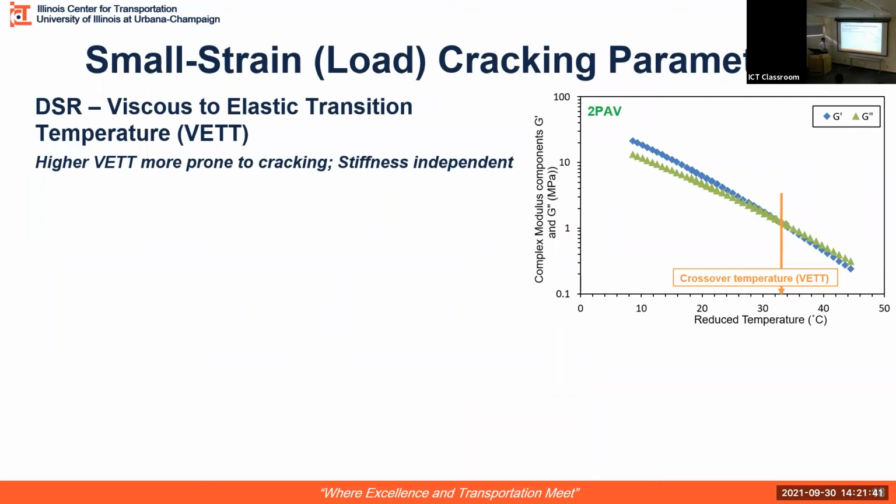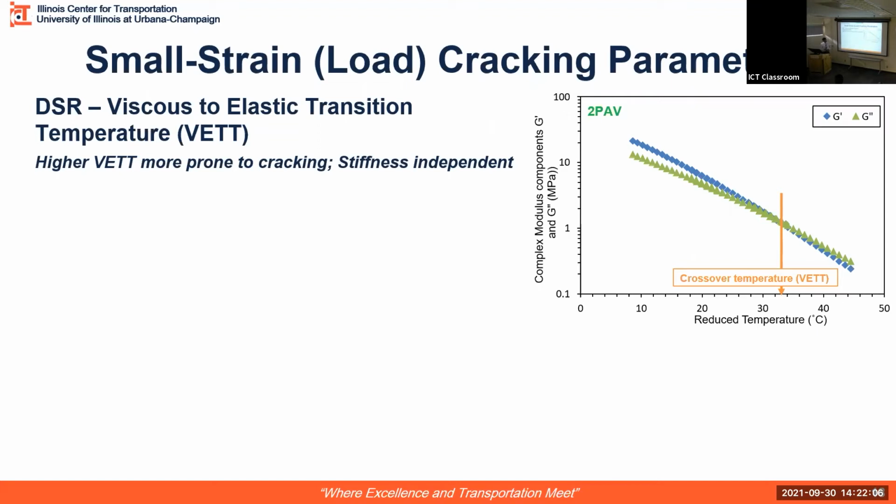Moving on, some of the other small strain parameters which can be related to cracking: one of them is the viscous to elastic transition temperature, and typically a higher viscous to elastic transition temperature, or crossover temperature, suggests that the binders are more prone to cracking. This parameter is more stiffness independent.